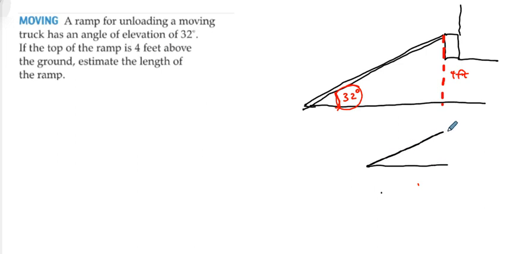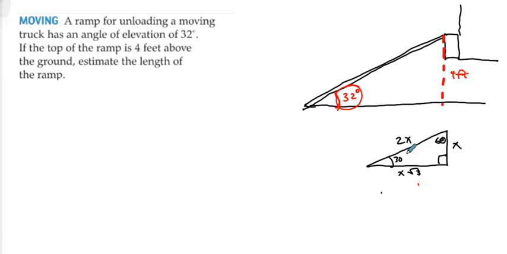But because it says estimate, we can use a 30, 60, 90 triangle. So this is our 30, here's our 60, we got our 90. And what we know about our 30, 60, 90s is that this is x, this is 2x, and this is x times the square root of 3.